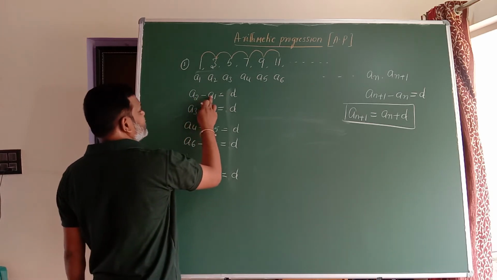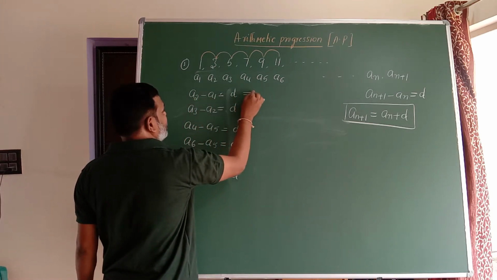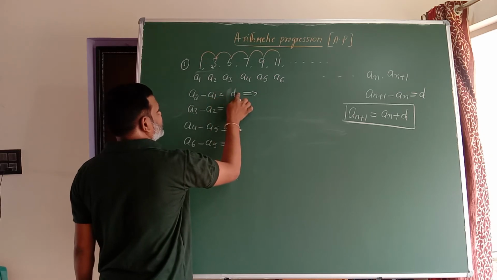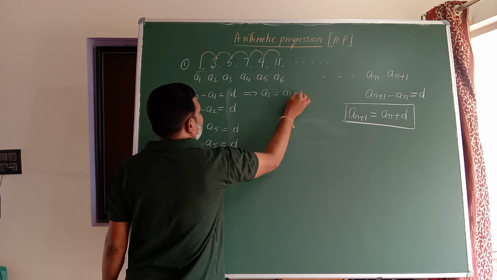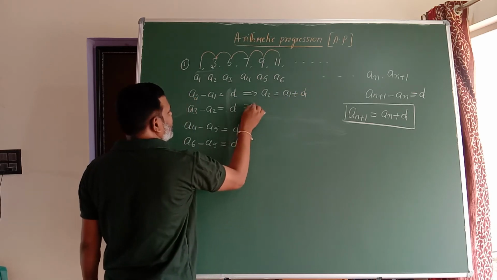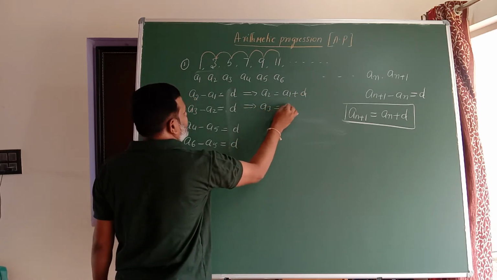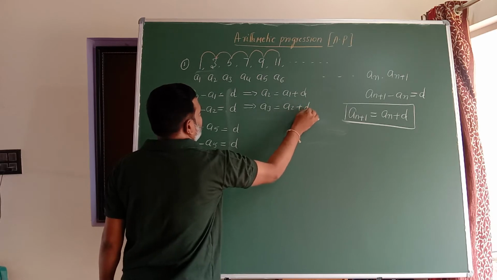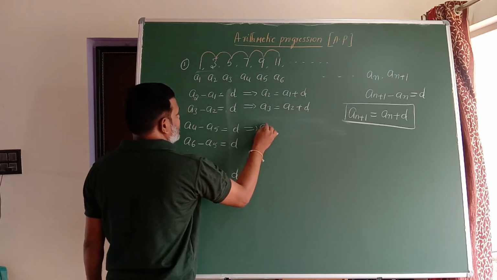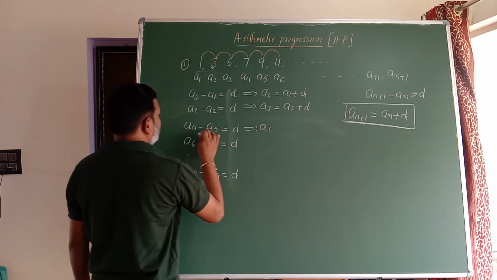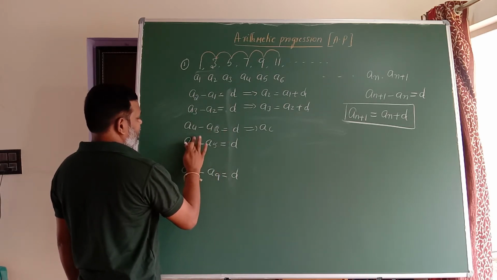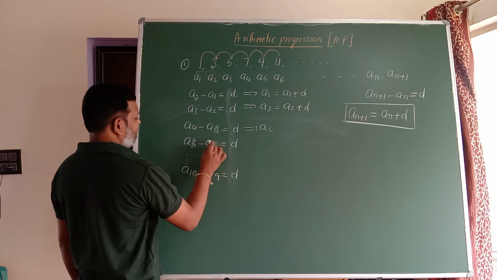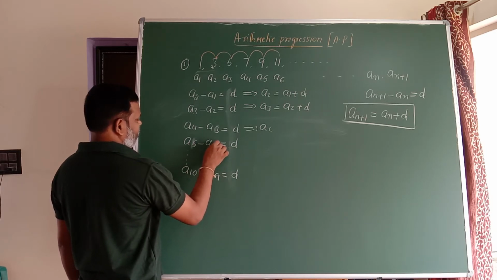Now A2 minus A1 is equal to D, that implies, taking A1 to this side, A2 is equal to A1 plus D. Similarly here A3 is equal to A2 plus D. Here similarly A4 minus A3 is D, and the next one is A5 minus A4.